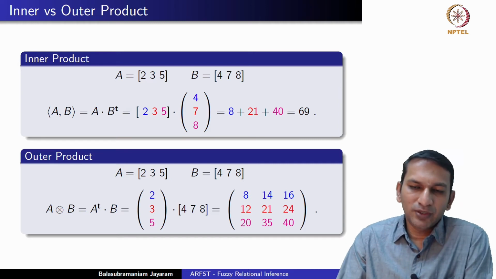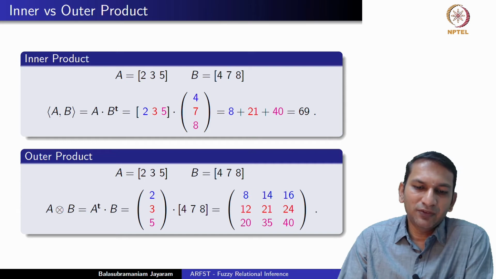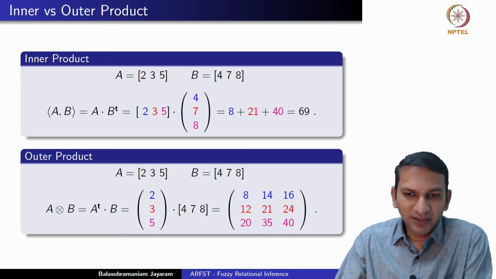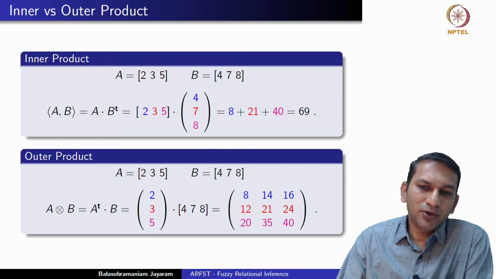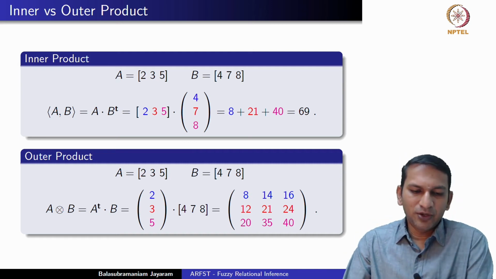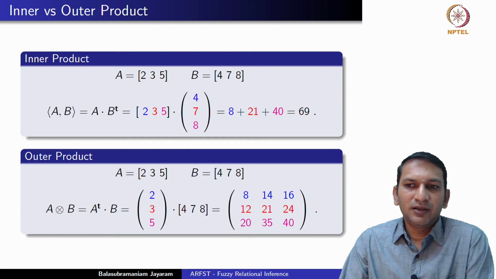Similarly, multiply 4, 7 and 8 with 3 and put it in the second row, and multiply B with 5 and put it in the third row. So the outer product typically gives you a matrix, whereas the inner product of two vectors only gives you a scalar. Now why this? Because we are going to apply an operation similar to an outer product to obtain a relation from a given rule.